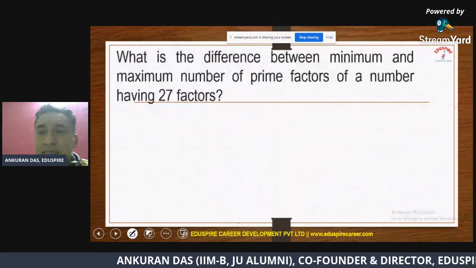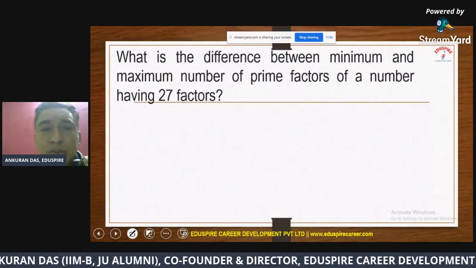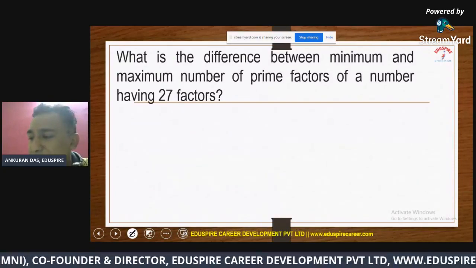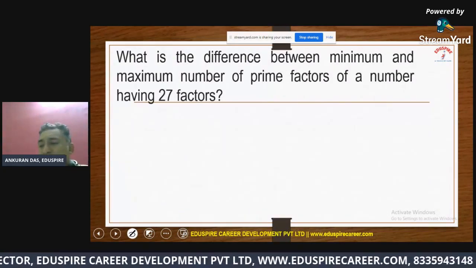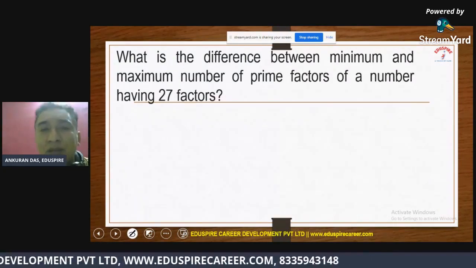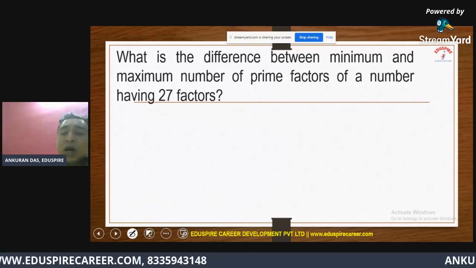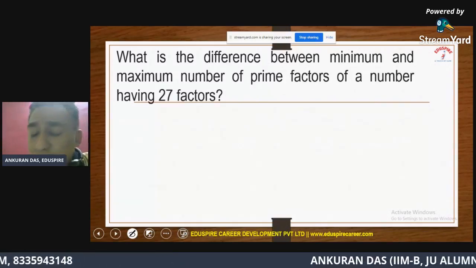Yes, so please go through this question, pretty interesting question. So please try to understand what they are trying to interpret, or what does it mean. Once you understand the meaning, the solution is not difficult at all.